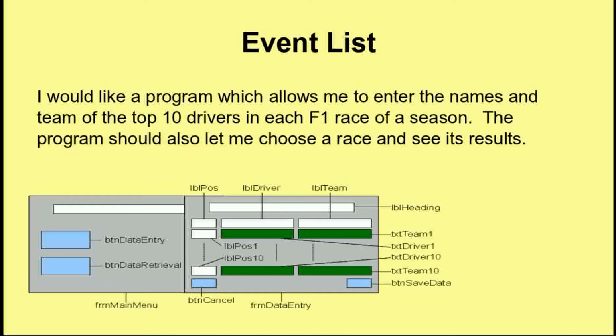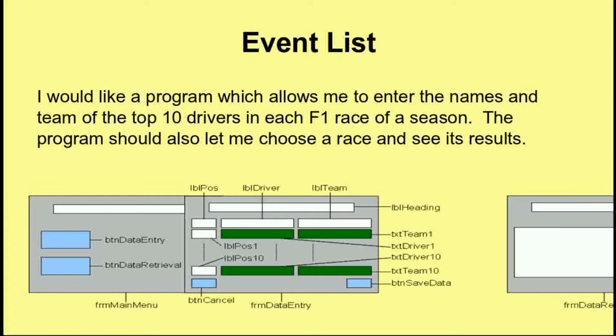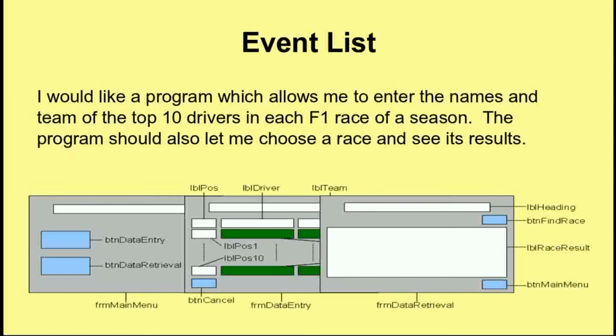If the user clicks on button data retrieval, that click should open up the data retrieval form. These events make specific things happen. So let's go through the forms one at a time and see which events we're going to need.